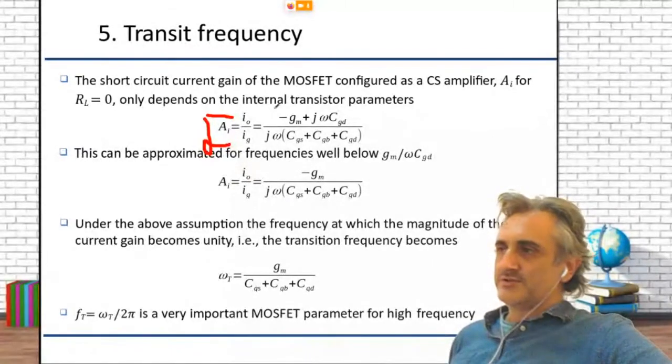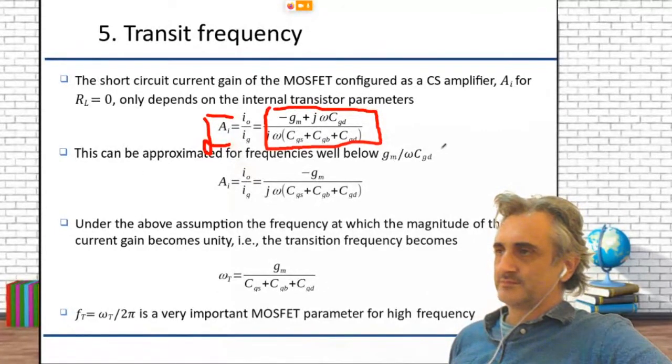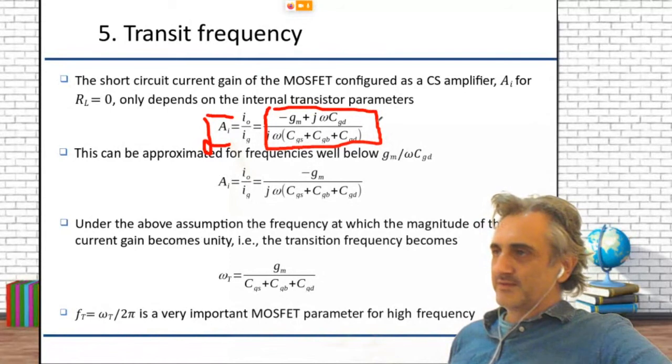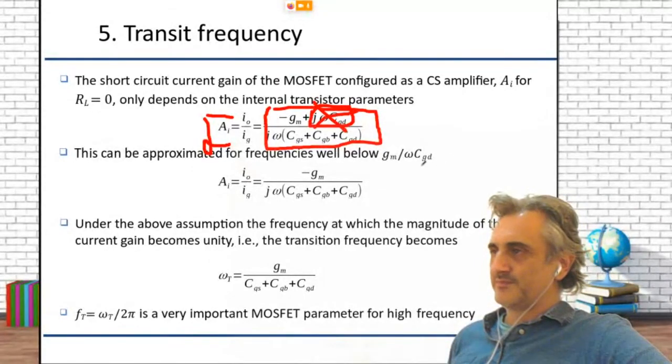We do the calculations using Miller's theorem and so on, and we get this expression here. When our frequencies are below this expression, we can take away this term, that means at low frequencies we get this expression for the current gain at low frequency.